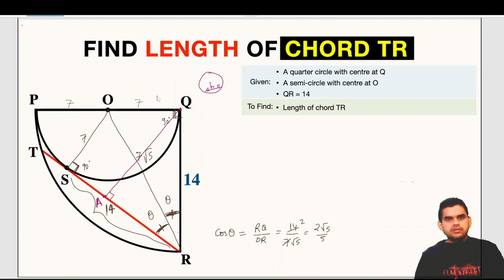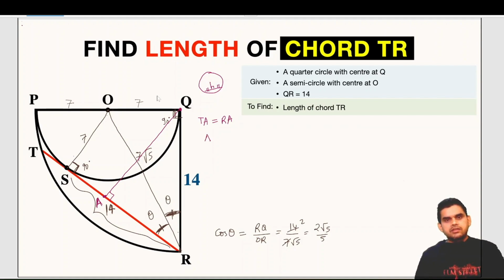So using this theorem, we get that QA is perpendicular to TR. Also, QA bisects this chord TR. So TA is equal to RA.